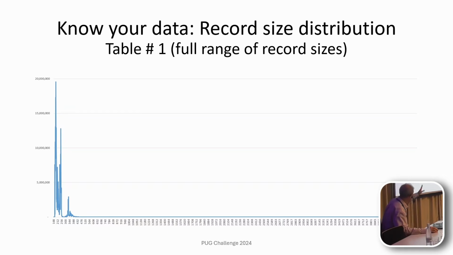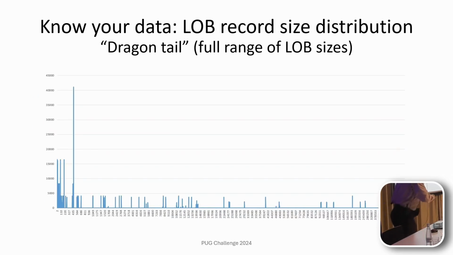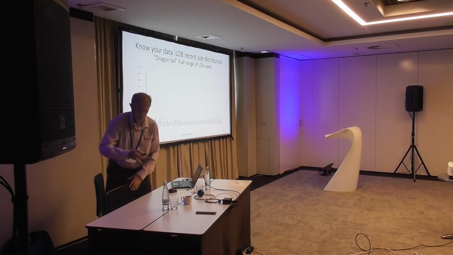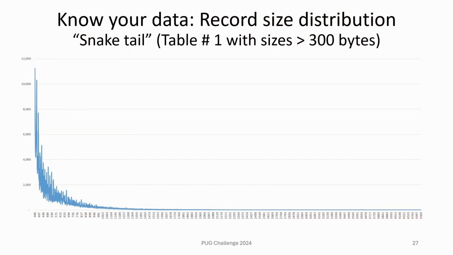Let's see the same picture, but only the tail. This represents the so-called snake tail, because it is diminishing, you can see that all the records are diminishing.